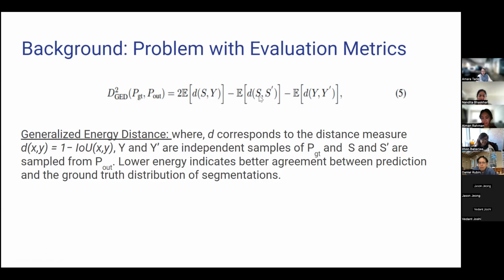And here, these are two independent samples for the same image, and these are two independent ground truths. In this case, the lower the energy distance, the better. That means they are closer in distribution.